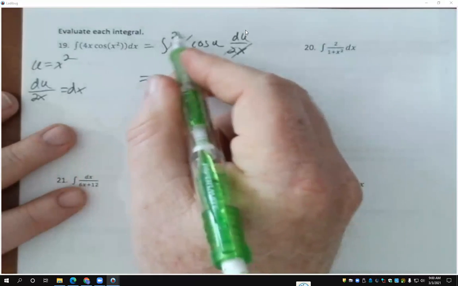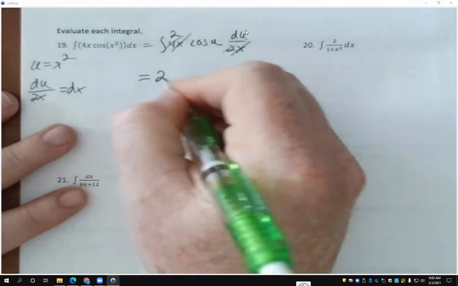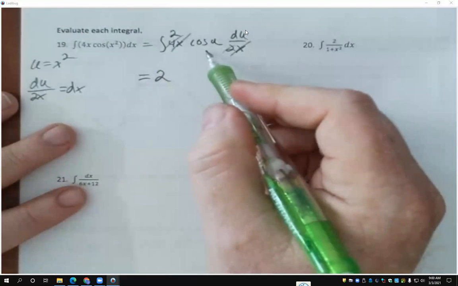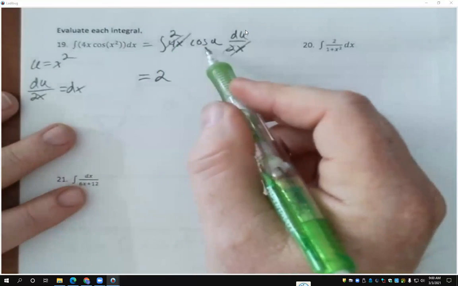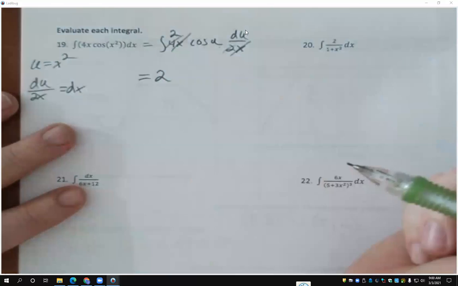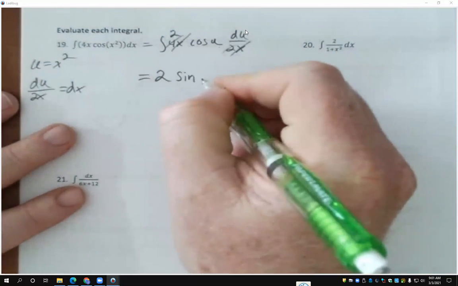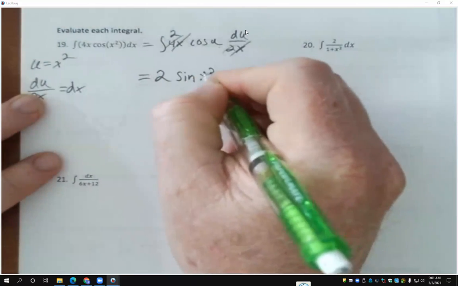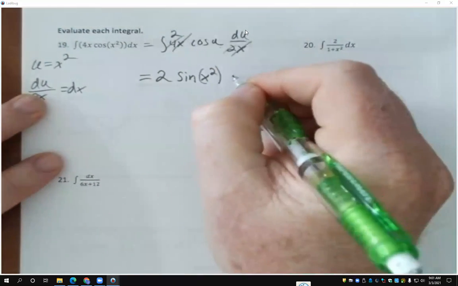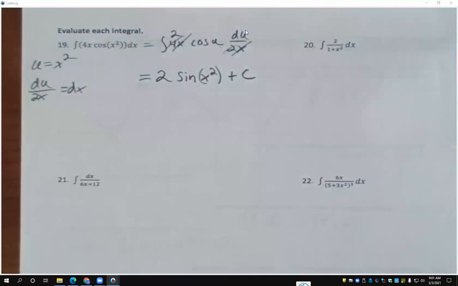Okay. So that's a constant multiple now. So I'm just going to pull the 2 out. And now all I have left inside is the antiderivative of cosine of u. The antiderivative of cosine is sine u, and u was x squared. And since it's an indefinite integral, plus c.